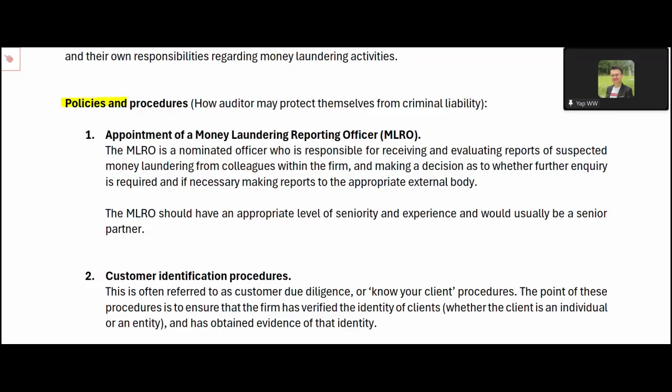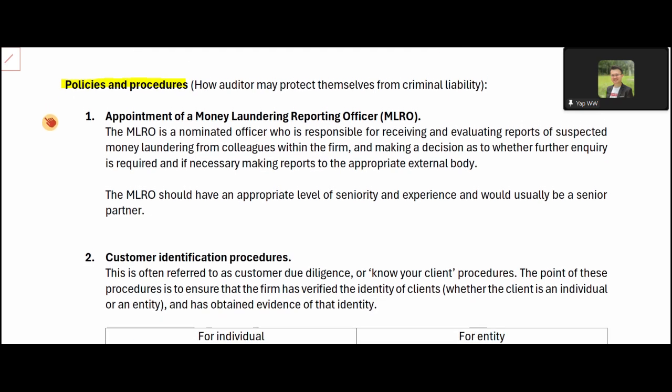It needs to implement policies and procedures in order to protect ourselves from criminal liabilities. Audit firms or accounting firms, we don't want to be liable for this kind of offense. So we have to do something. And what are the things that we have to do?